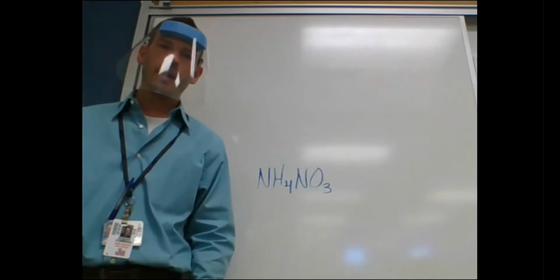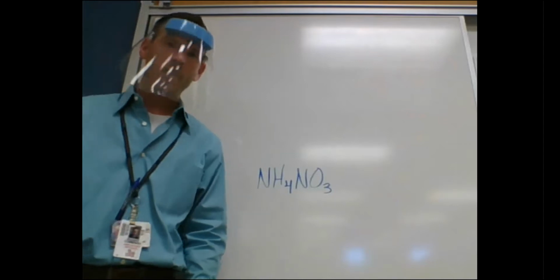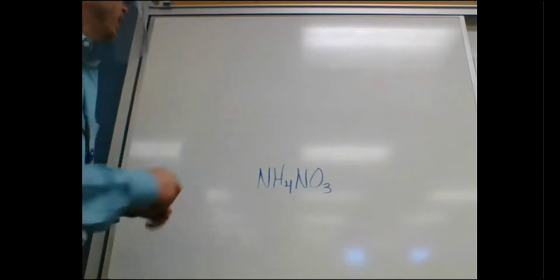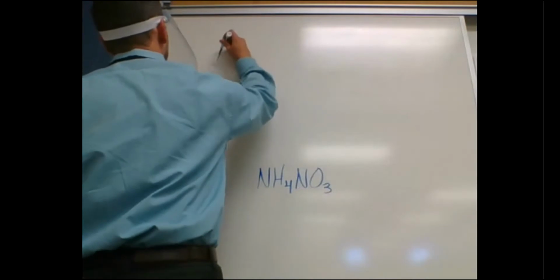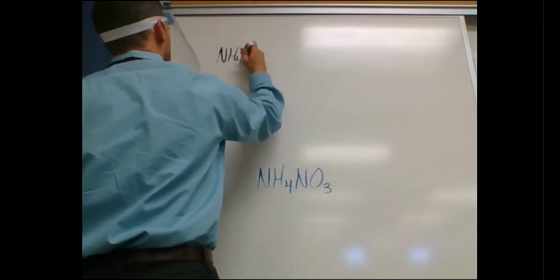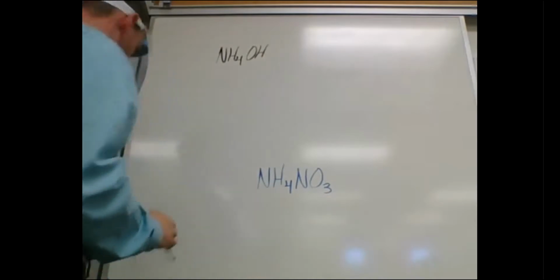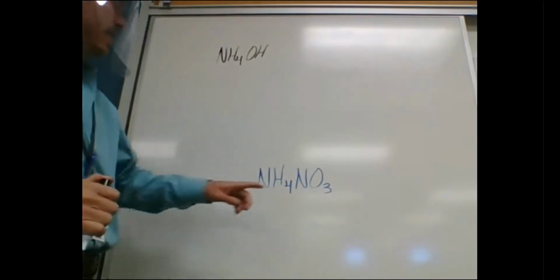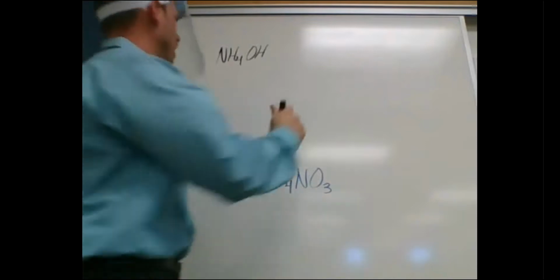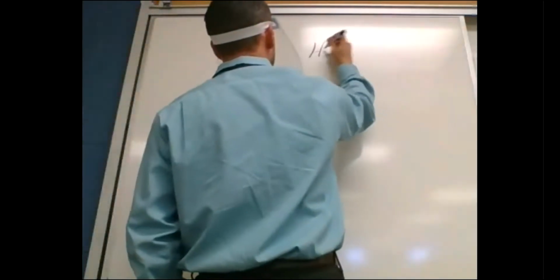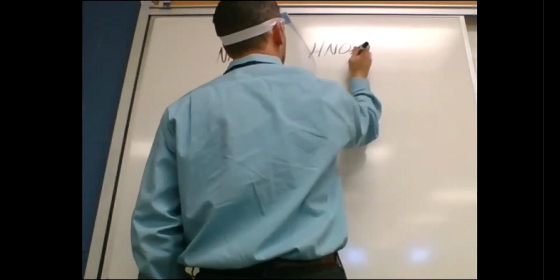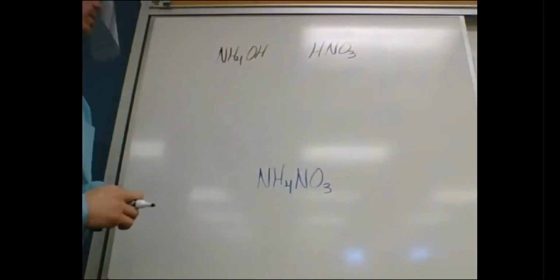So let's start by finding mom. The positive NH4 would have been attracted to the negative OH. And then dad, the negative nitrate, would have been attracted to the positive hydrogen. There's the parents.